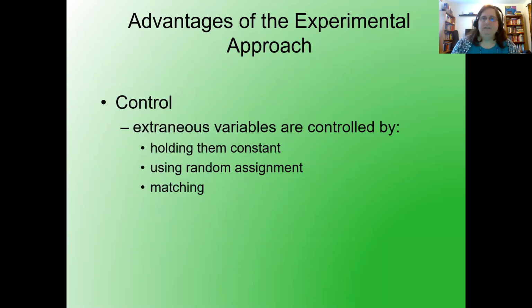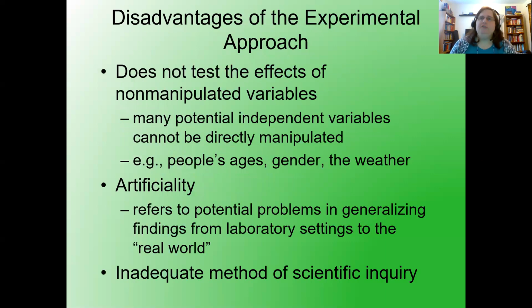All right. How about disadvantages of the experimental approach? So for one, it does not test the effects of non-manipulated variables. There are many potential independent variables that cannot be manipulated.